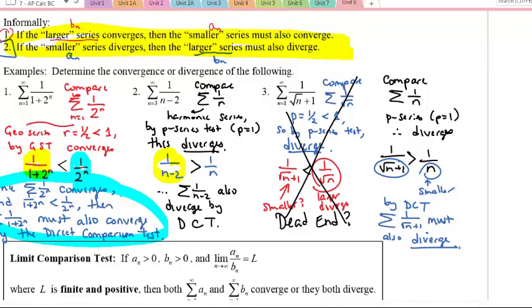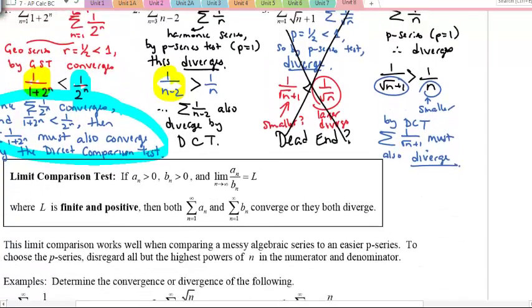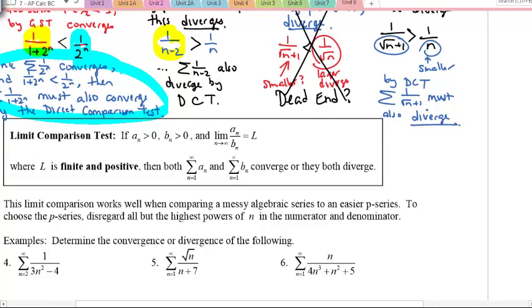Now, how about this thing called the limit comparison test? So, the limit comparison test says the following.